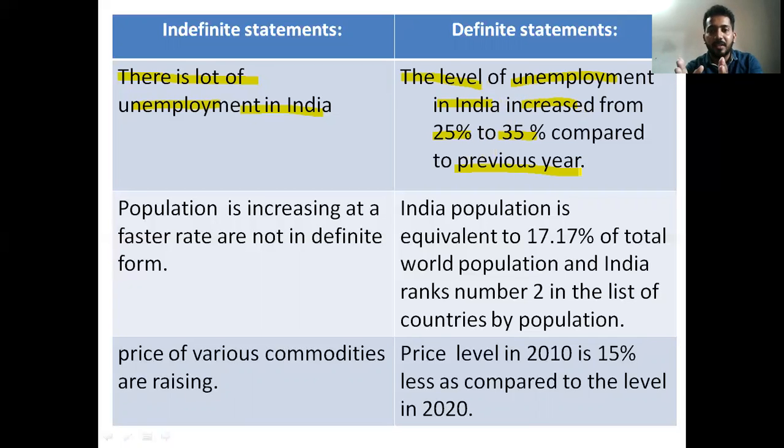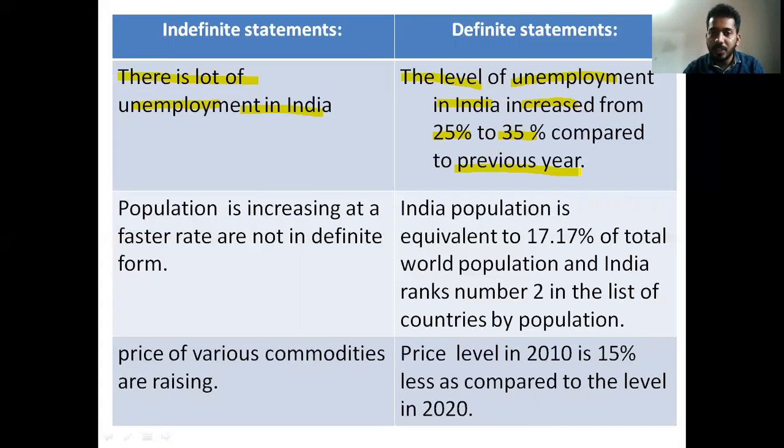The second statement, on the right side of the screen: the level of unemployment in India increased from 25% to 35%. When I mention the rate of unemployment by using percentage, by using numerical terms, it provides a clear picture regarding the condition of unemployment.